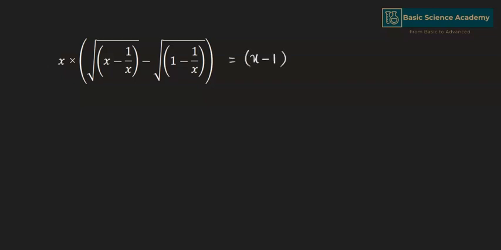Now, dividing both sides of the equation by x will cancel out x on the left side to give x minus 1 divided by x on the right side. This is equal to x divided by x minus 1 divided by x, which is equal to 1 minus 1 divided by x.